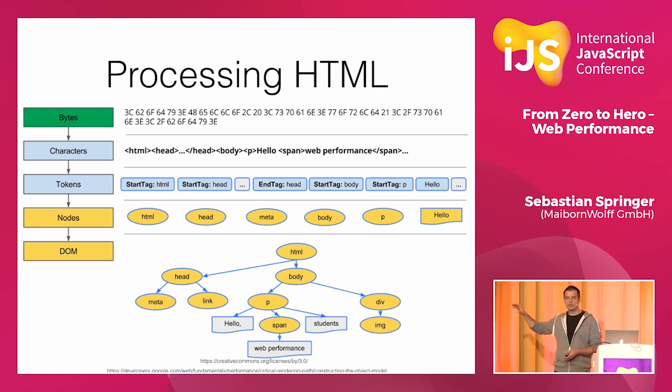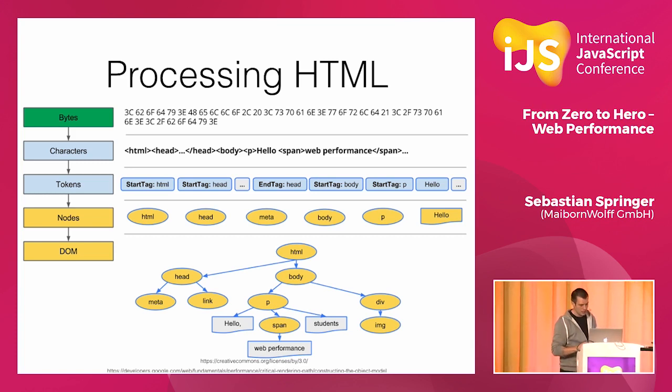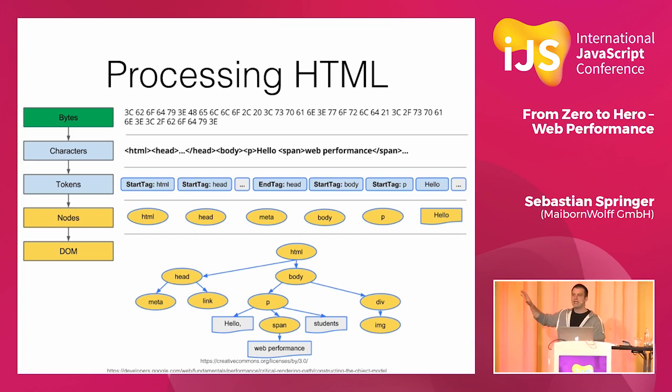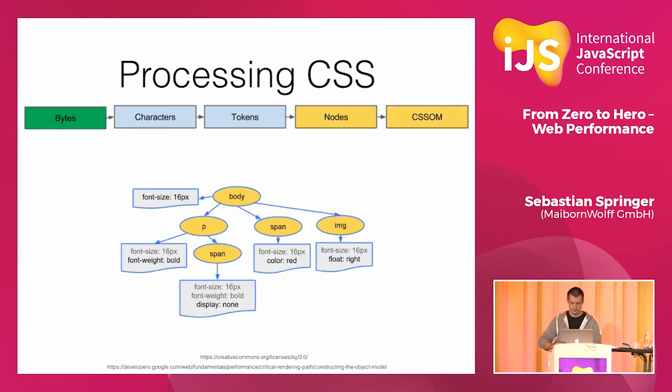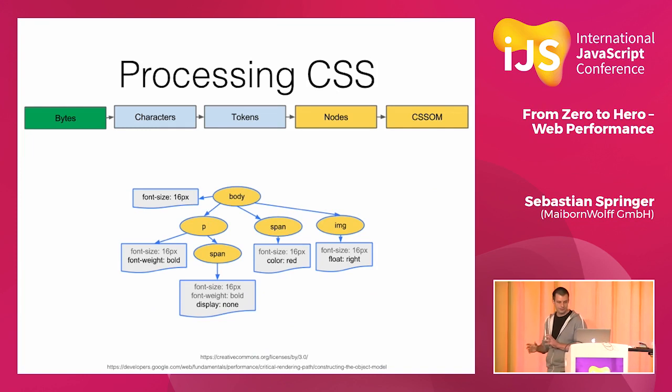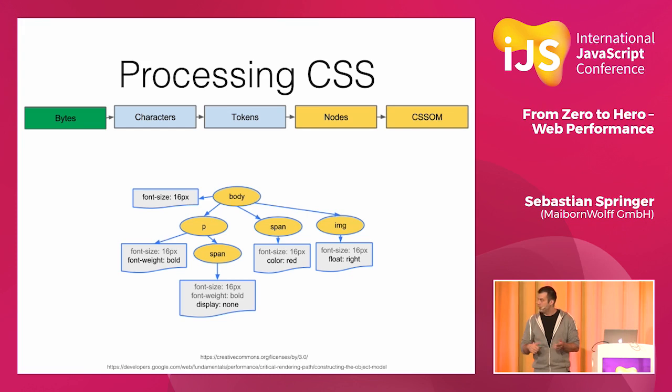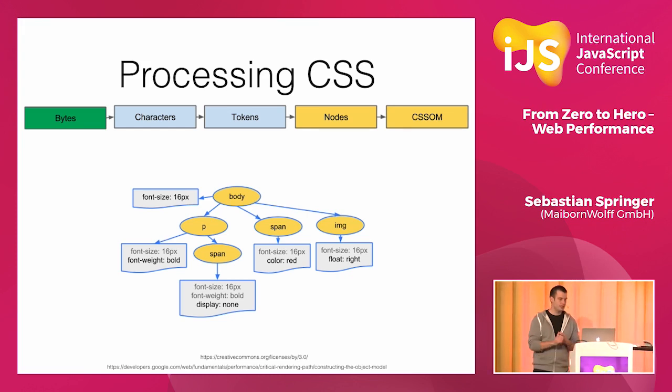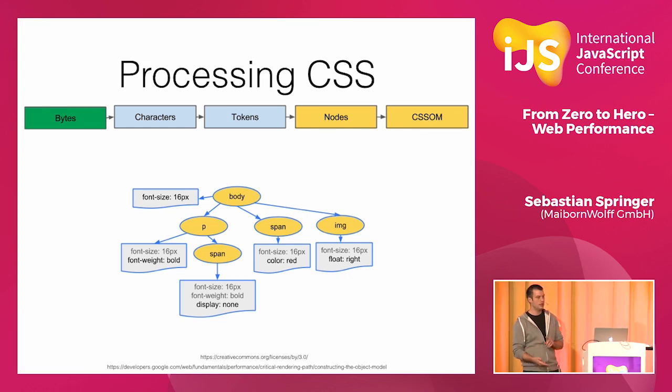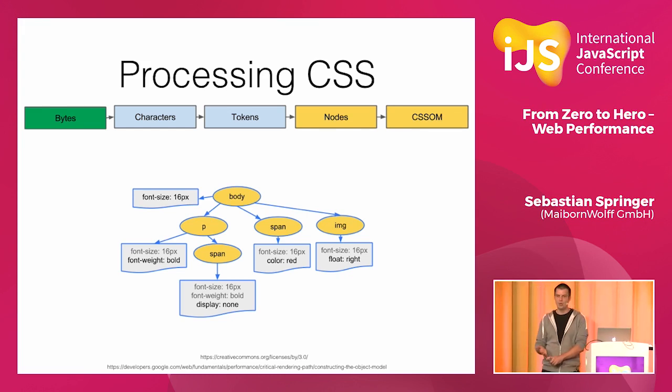But that's not the structure that is displayed to the user. That's a very important fact. Next step, this is only the structure. This doesn't look any good. For the good-looking part, there is CSS. And the CSS is processed similarly. There is a byte stream. This is transformed into characters, into tokens, into nodes, and into the CSSOM, which is another tree structure.